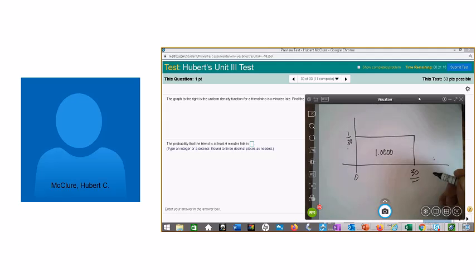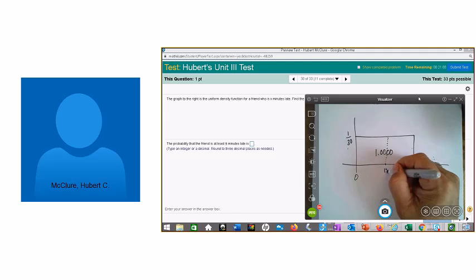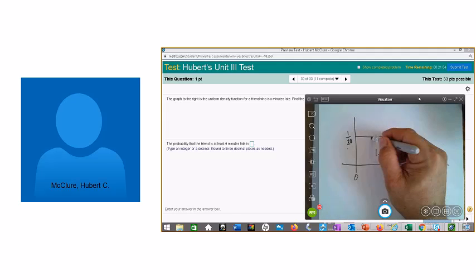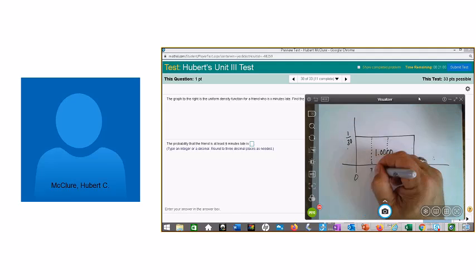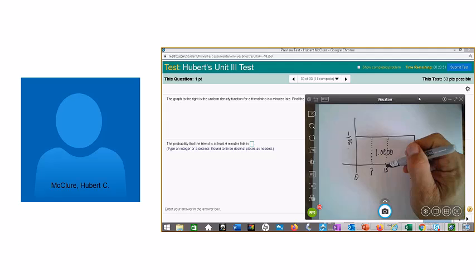The probability that the friend is at least 9 minutes late. Well, the middle of 30 would be 15 minutes right here, and half of that is about 7 or 8, and half of that is about 4.